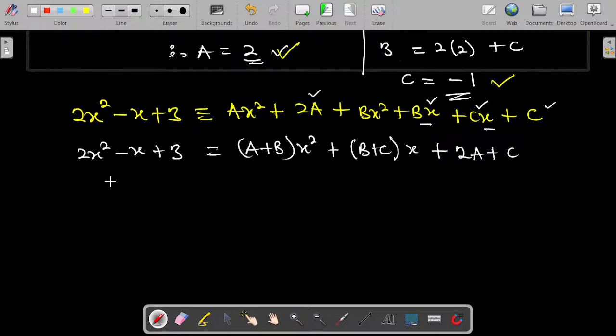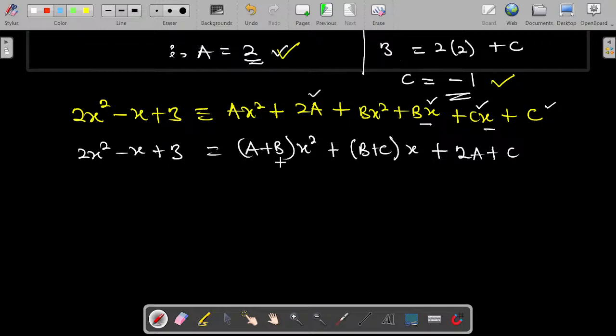I'm trying to explain now. You know what we usually do after we have expressed it this way, we now begin to compare the coefficients of both sides.